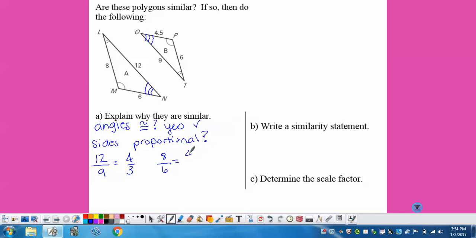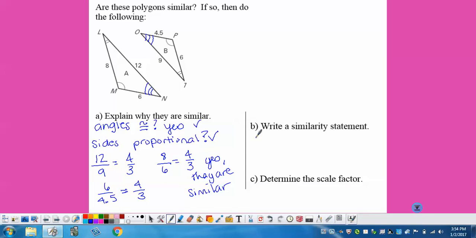That also simplifies to 4/3. Our shortest sides would be 6 over 4.5, which also simplifies to 4/3. So since all three are the same, all the sides are proportional. So yes, they are similar.